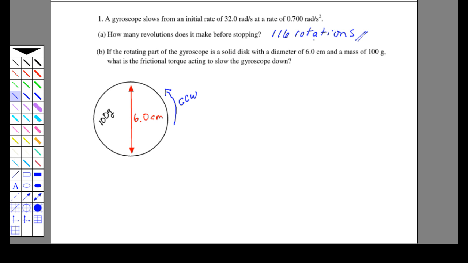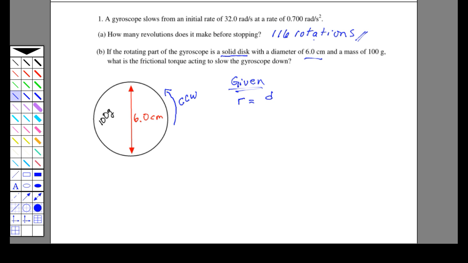Now we're given a few things. We're given the diameter of the gyroscope, and we're also told the gyroscope's a solid disk. So first of all, the radius of the gyroscope is just half the diameter.